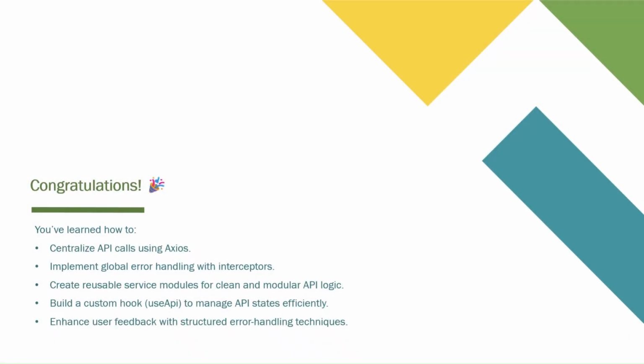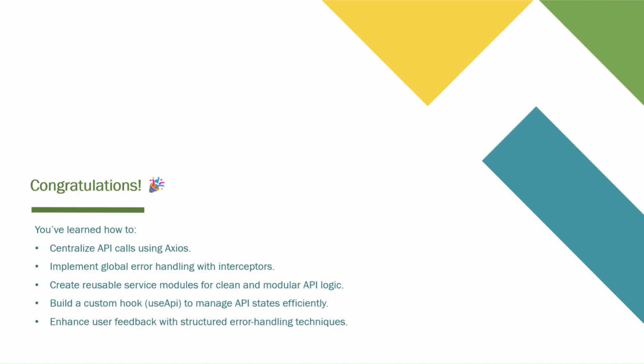Congratulations! You have completed the course Simplifying React Error Handling, Build a Robust Front-End System. I hope this journey has been as exciting and insightful for you as it was for me to create.